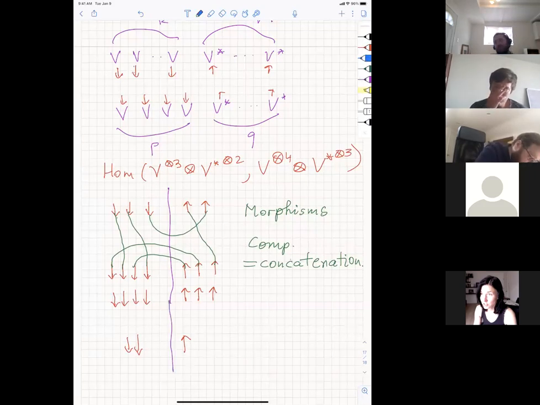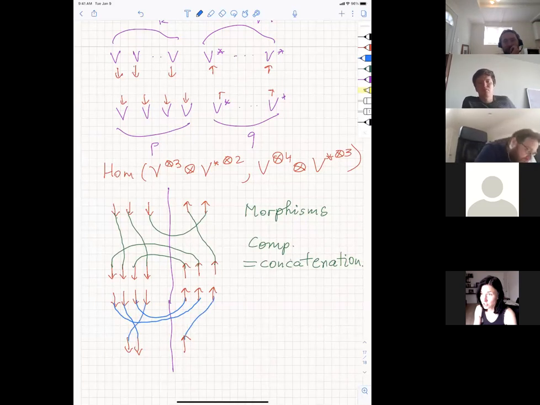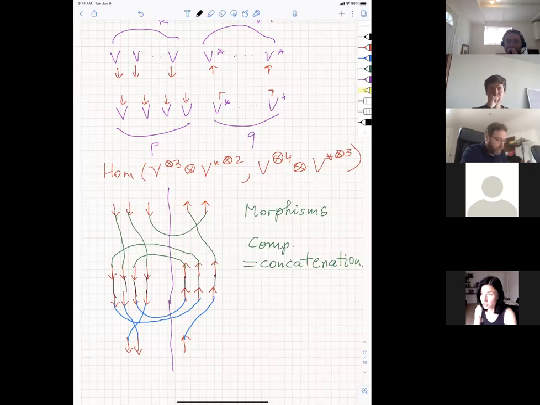I'm going to do this, and this, and this, and let's say this. Then I need to concatenate, and concatenation is just this here. And I get a new picture. I can forget about these middle arrows, and I get a new picture. But the only difference is that now I have closed loops. So I have 2 closed loops.